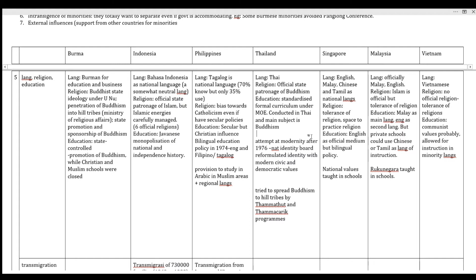So in Singapore, we have our multicultural, multiracial policy. We have English as the official medium because it is more of a standardized lingua franca. Our mother tongues are also national languages in a sense.